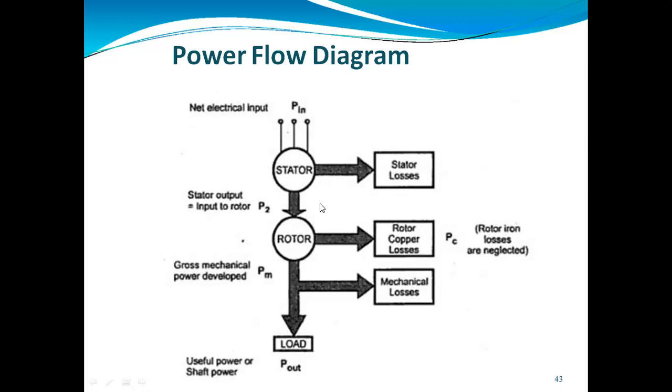Again, from the rotor input power, some goes as mechanical input power to the shaft and some goes to the rotor copper losses. Rotor copper losses are variable because the rotor rotates, so the rotor copper loss changes, and some goes to the mechanical losses. This syllabus we have already seen.